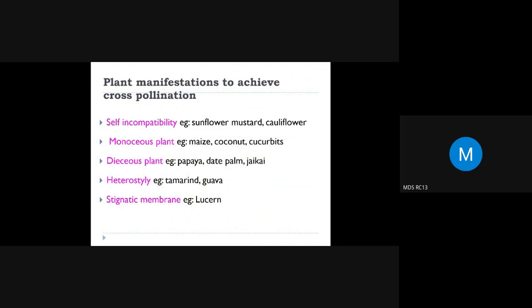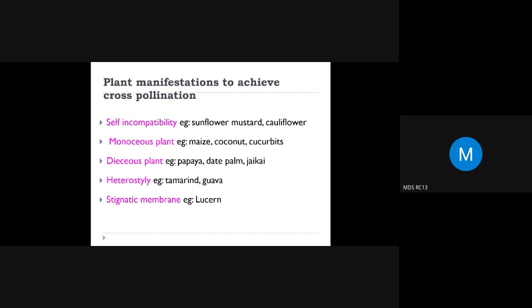For example, the anthers will be very small, the male part will be very small, and the pistil, the female part, will be at a higher level. Due to gravity, the pollen grains don't reach the pistil.